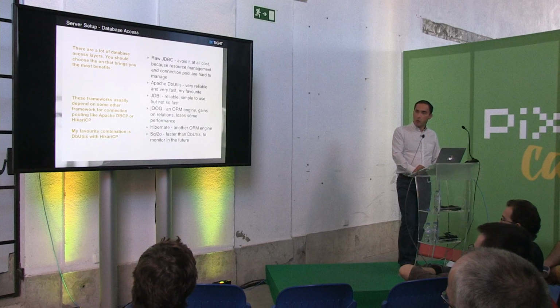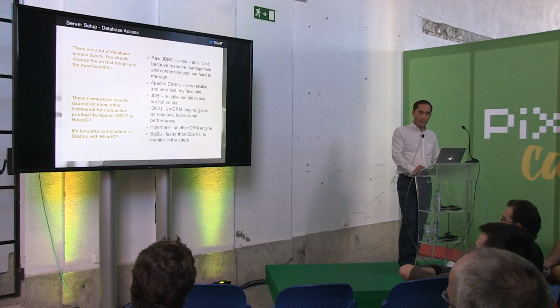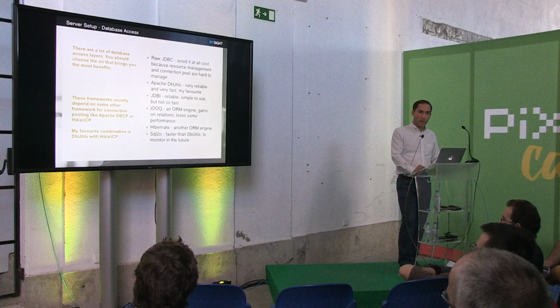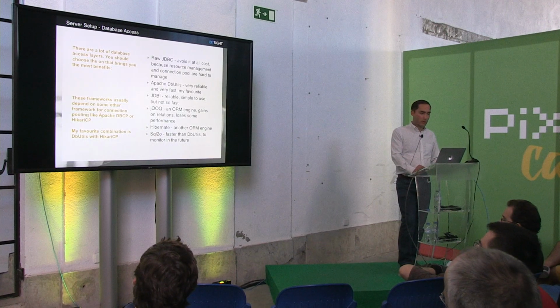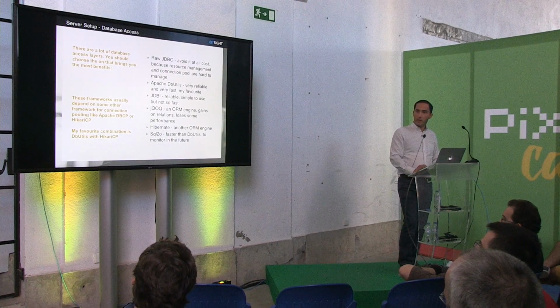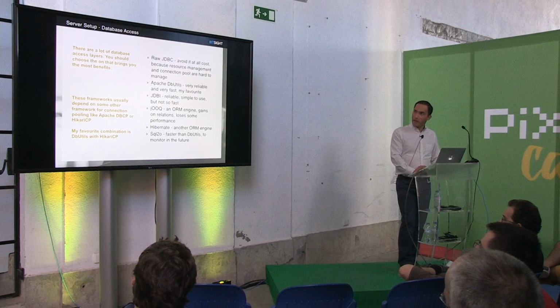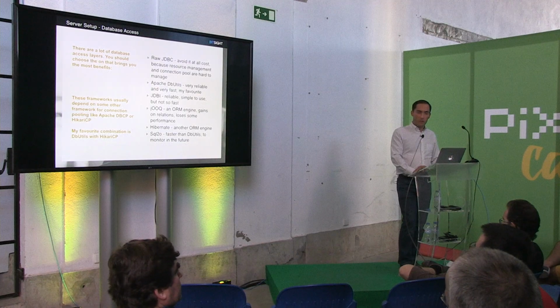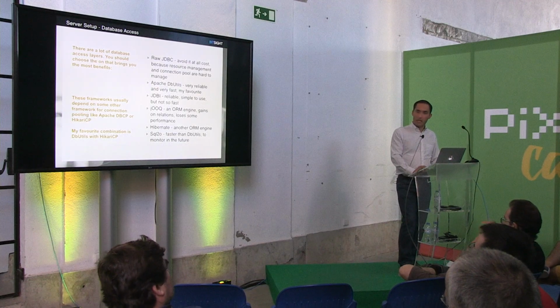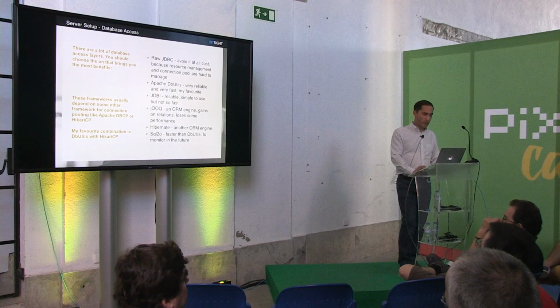dbutils is a very raw framework to access a database, but it's very reliable. When you use something very complex or customize your own JDBC layer, sometimes you have a lot of problems with resource management. You'll tend to have problems like out of memory errors because you don't clean up all your resources.